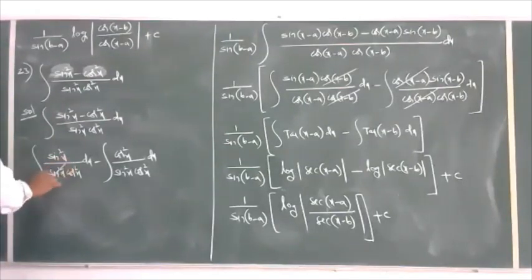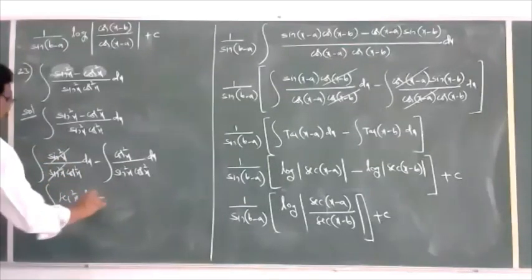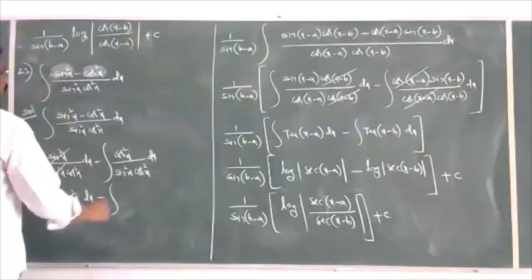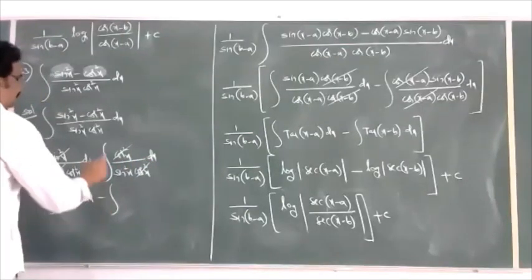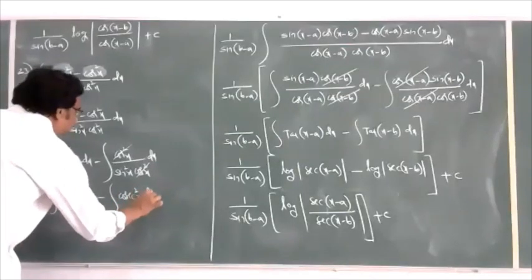So here sin square x cancels. Integral 1 by cos square x is secant square x dx, minus integral, cos square x cancels, 1 by sin square x is cosecant square x dx.